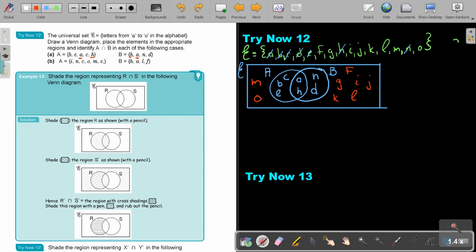Yes, that's correct. Okay, and then the final answer, they just want A intersection with B, and that will just be A and H. Okay, and then the next one, that's that.